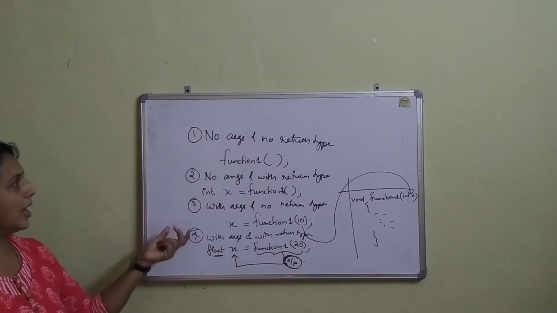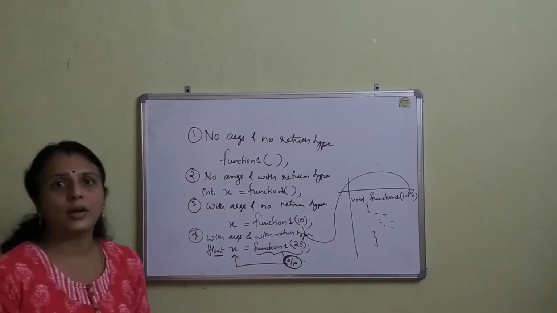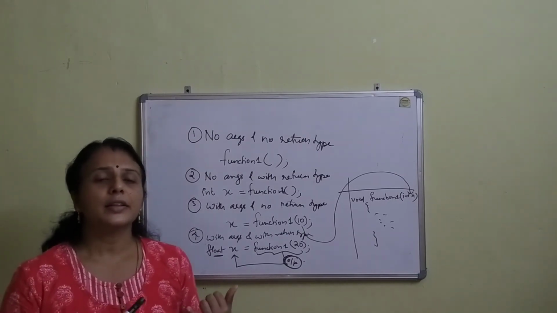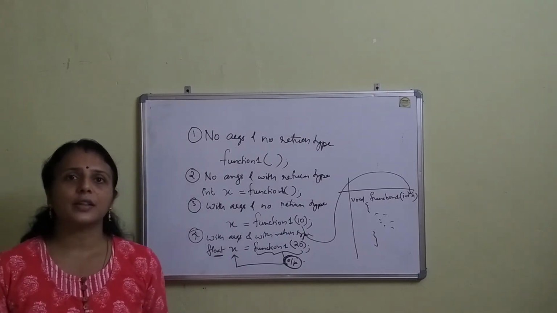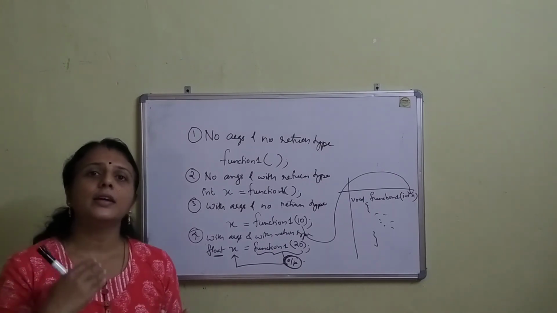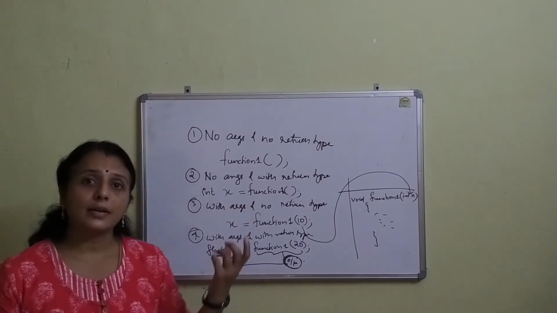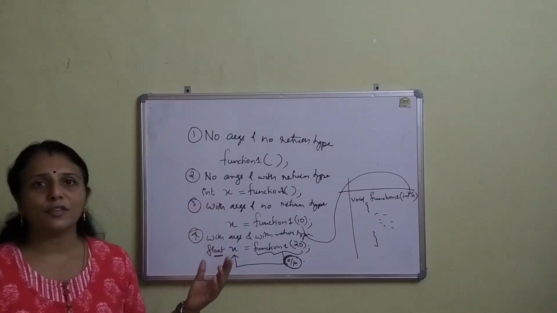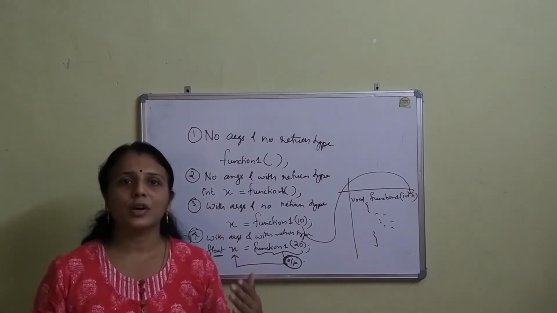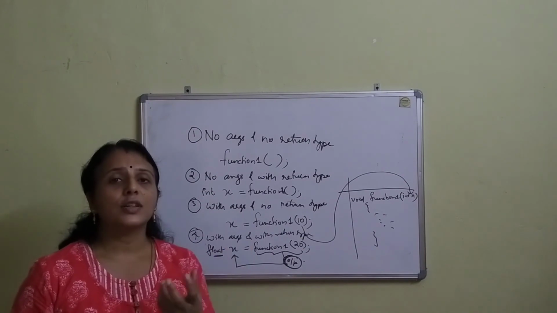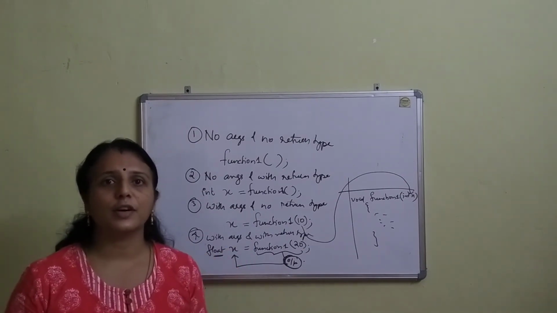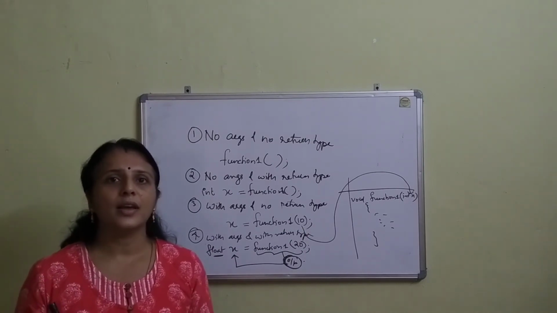So this is how functions are called after their definition. First you have to define the function, then you have to call the function somewhere in the program so that you can use the operations written in that function definition. Hope this is clear to all of you: what a function is, why you are using a function, what the different categories are, how you define a function and how you call a function.